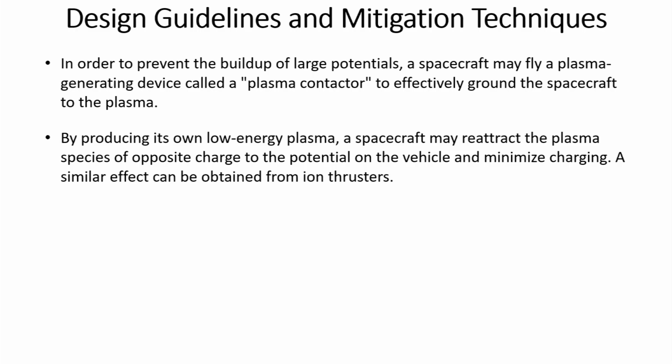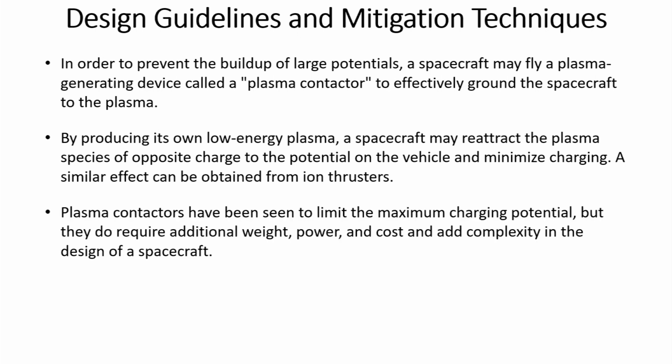A similar effect can be achieved by ion thrusters or plasma thrusters, which can also be used like a plasma contactor. These devices limit the maximum charging potential. Suppose it is minus 20 kilovolts, it can be brought down to a few volts.